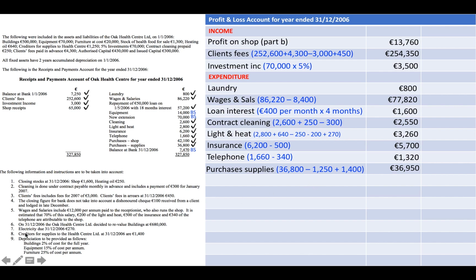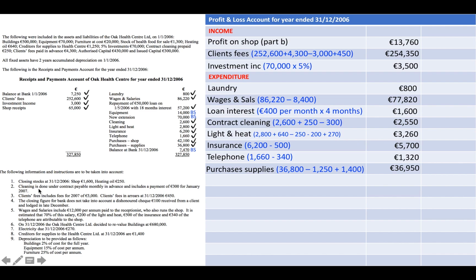And then we have in note 8, creditors for supplies to the health centre at 31st of the 12th 2006 are €1,400. So then we add €1,400 there because that relates to supplies that were purchased in 2006. So altogether €36,950 in the purchase for supplies. So that's all of our items from the receipts and payments.